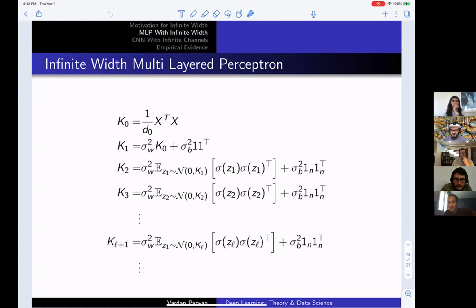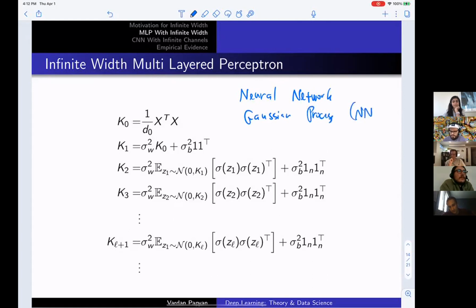So I wanted to start with a small reminder of what we discussed in the previous lecture. We discussed infinite width multi-layered perceptrons, and how there's something called the neural network Gaussian process, NNGP is the acronym.